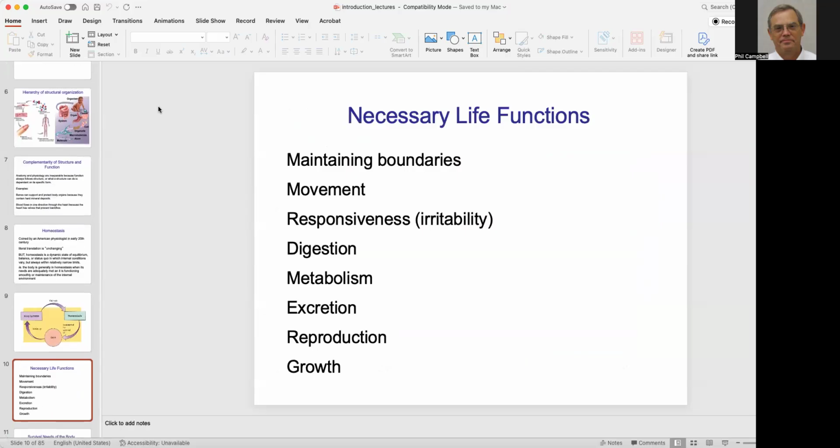And what are the requirements for you to be you, alive? All right. Let's think in terms of life functions. All right. So the first one, maintaining boundaries. You have all kinds of boundaries in your body. The biggest one is your integument, your skin. So everything outside is outside of the body.